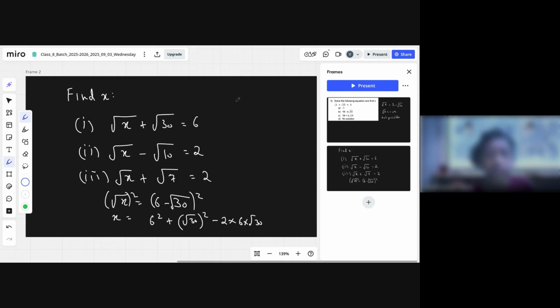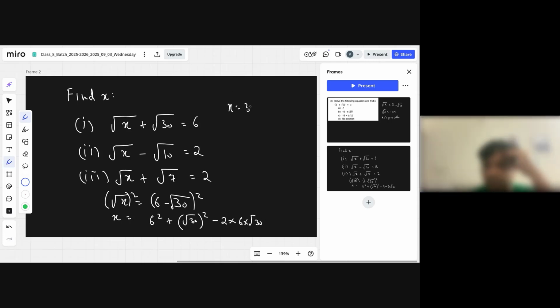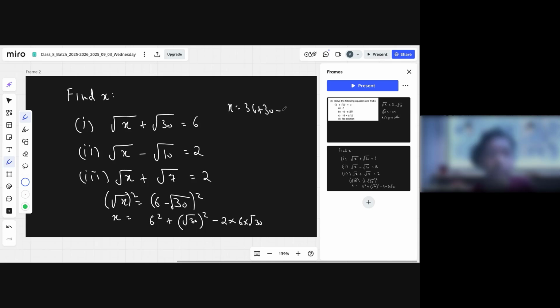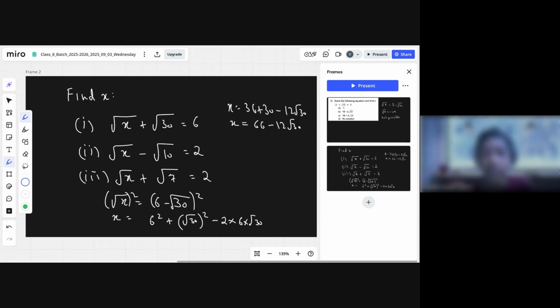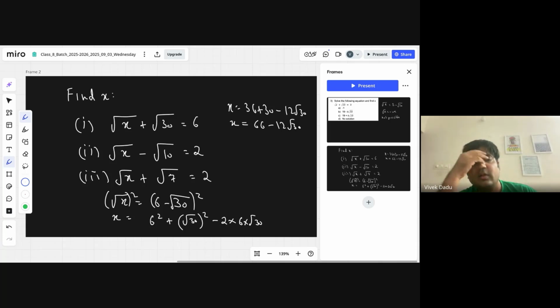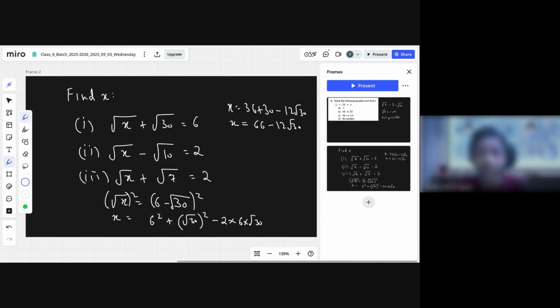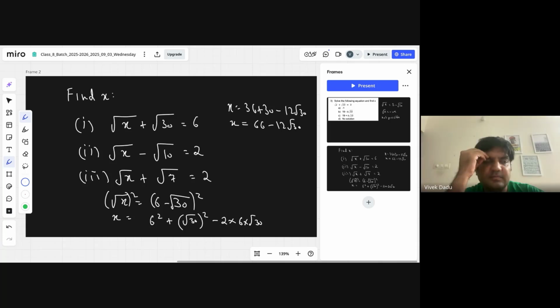What does this become? 36 plus 30 minus 12 root 30. 36 plus 30 is 66. So this is the first one, okay? That's it. So I was simplifying. We do the second, third.